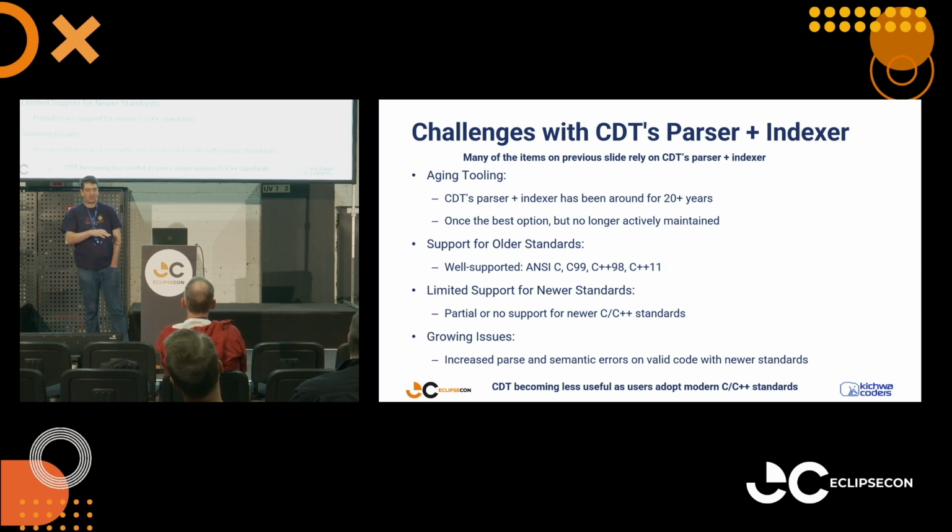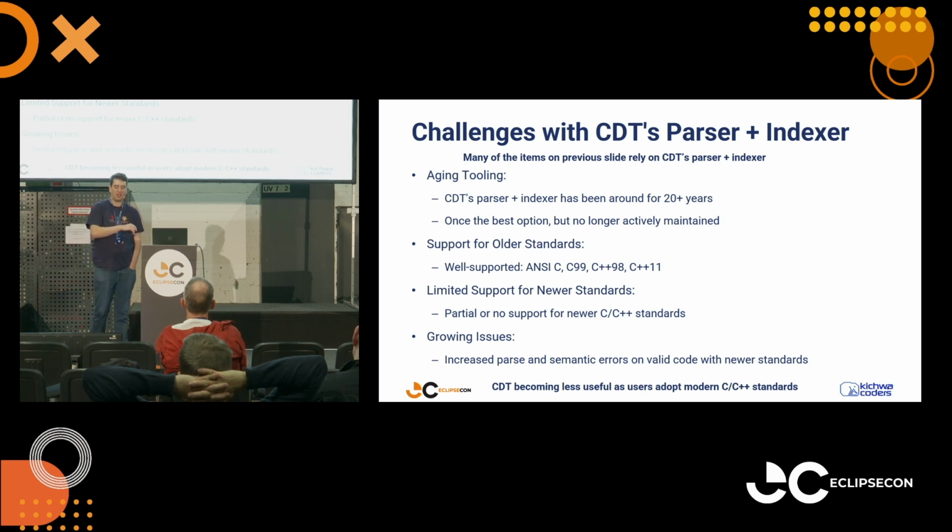So while the CDT parser was once the best choice for how to implement it, it focuses on speed over accuracy even, and that's no longer a sufficient solution, because the main reason is that we supported all the standards really well until we stopped developing it actively.